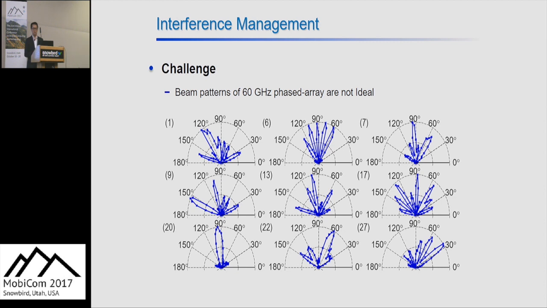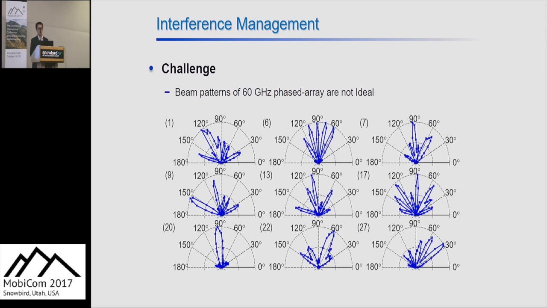First, the practical phase shifter for the current 60 GHz phased array can only shift the phase value toward a limited set of angles. For example, in the radio we use, it can only shift the phase value every 90 degrees. So the coarse phase shifting cannot generate a very ideal beam pattern. Second, we are using the OEM codebook for the phased array antenna.